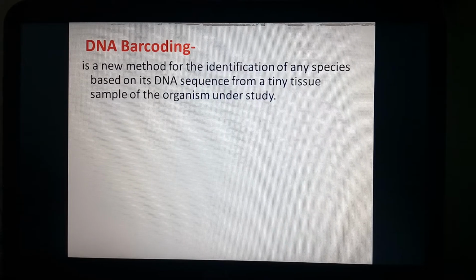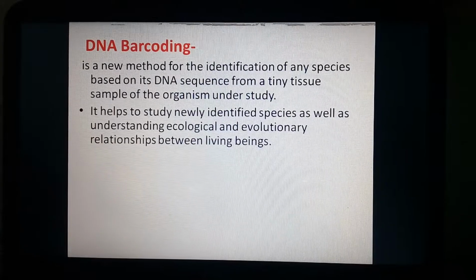To solve a number of crime cases, one can use DNA fingerprinting, or here we are going to say DNA barcoding. Here DNA barcoding is used for classification and identification of animals.